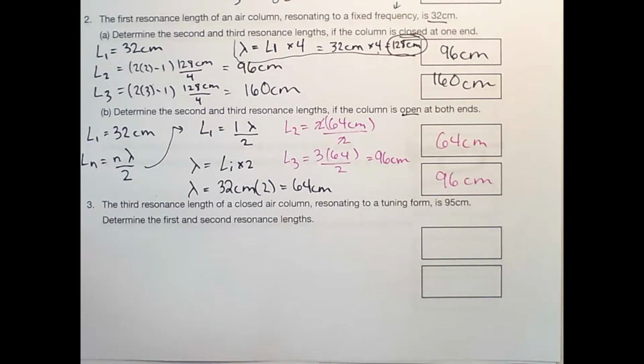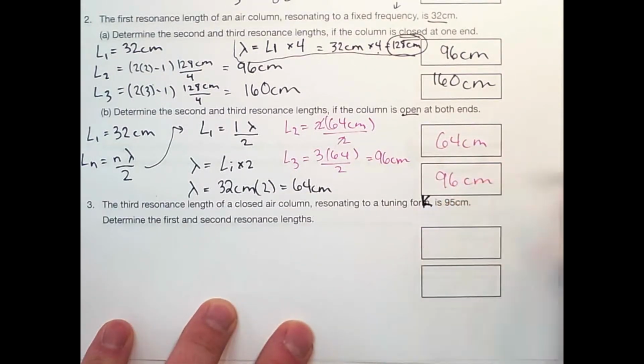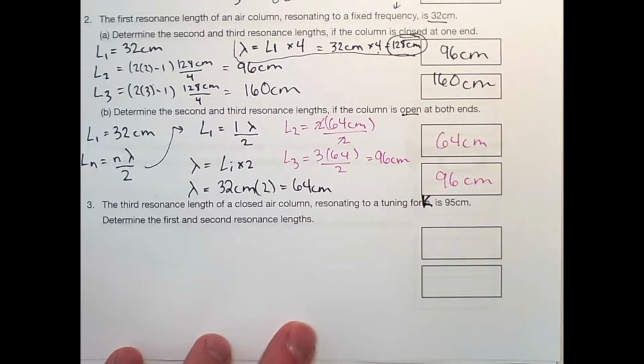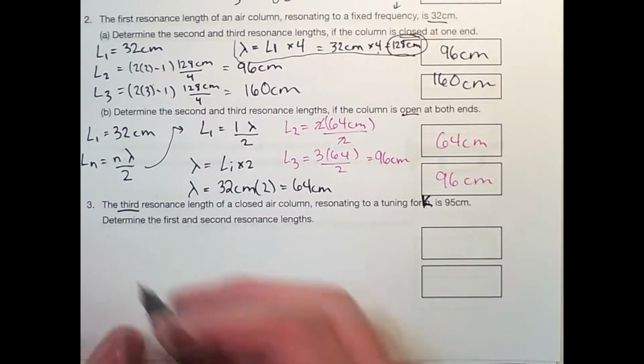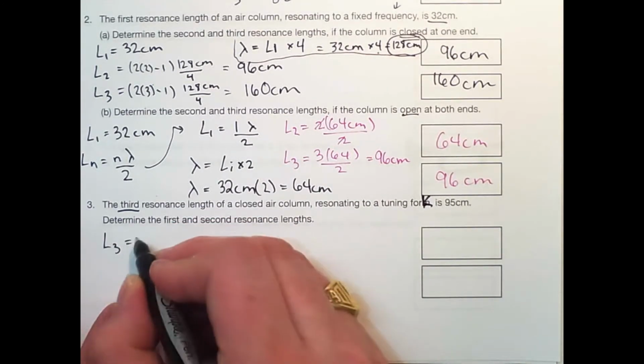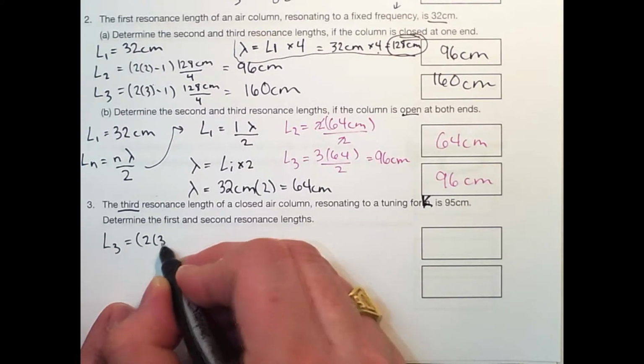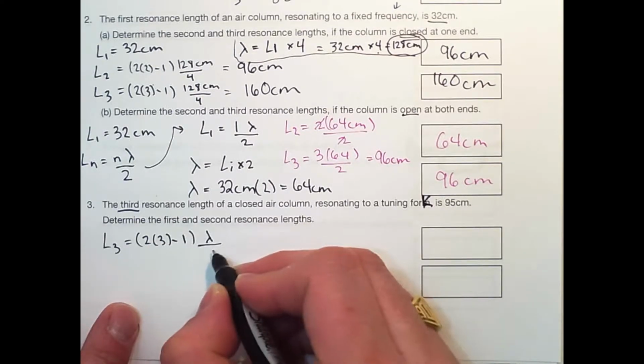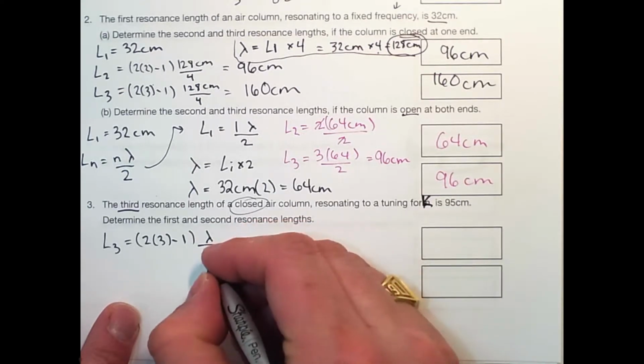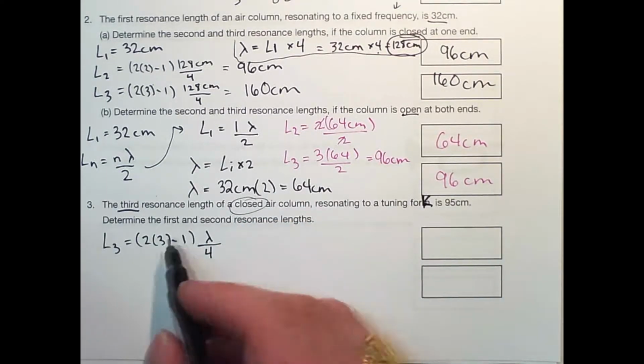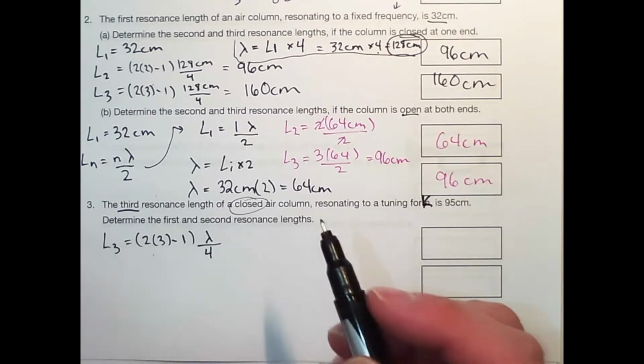So question 3 says, determine the resonant length of a closed air column resonating to a tuning fork, a little typo there, is 95 centimeters. Determine the first and second resonant lengths. So note that it's third. So we know that we have L3 equals (2 times 3 minus 1) lambda over 4, since it's closed, which obviously would have affected the first part as well.